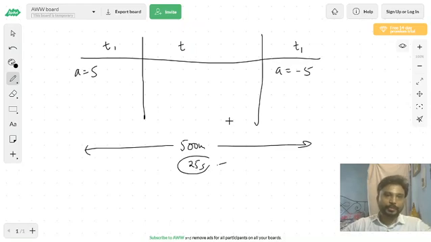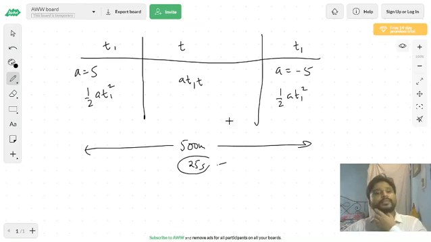So the displacement over here would be half a t1 square. The displacement over here would be a t1 t. The displacement over here would be again half a t1 square, and what we are given is that the total time is 25 seconds.